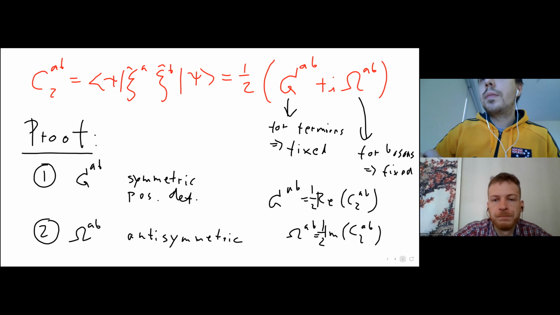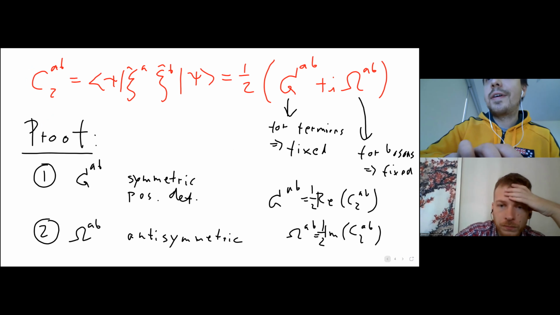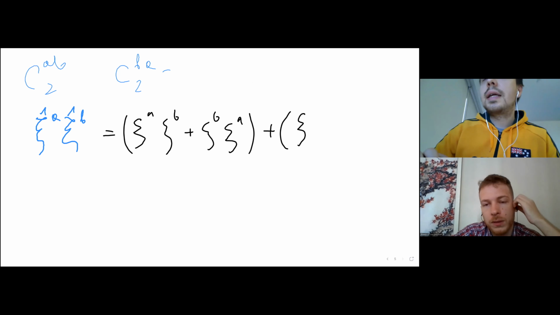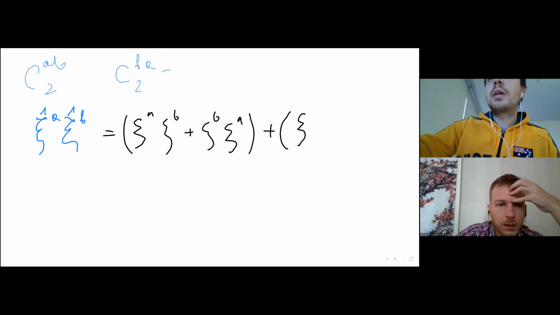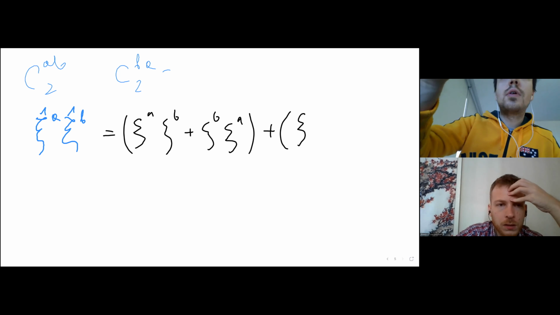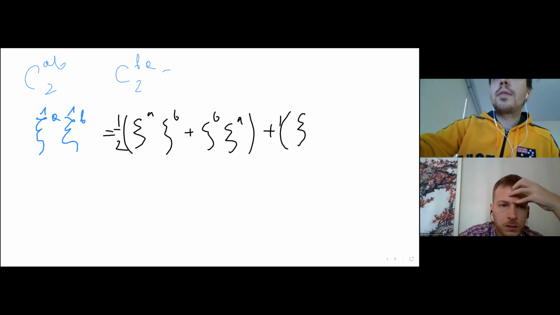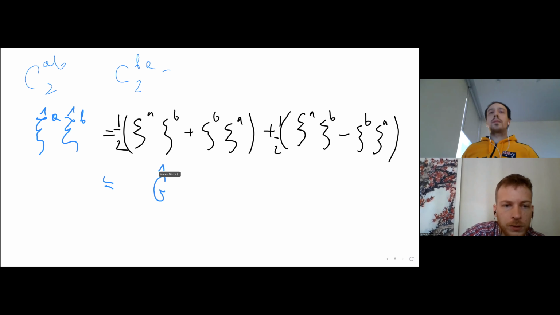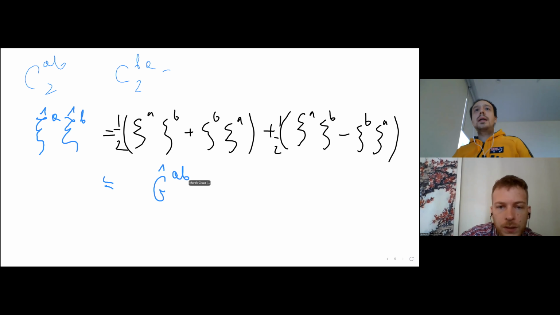Right. Sorry. There, of course, we need the 2 on that side. And then we need the 2. Okay, yeah. So essentially we want to decompose this into 1/2 plus 1/2 xi a xi b minus xi b xi a. And this you want to call G with a hat or something like this, and omega with a hat?